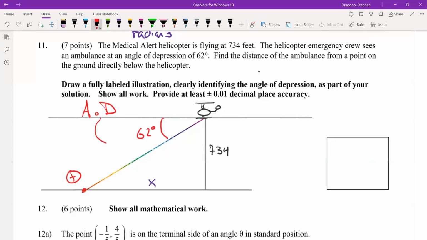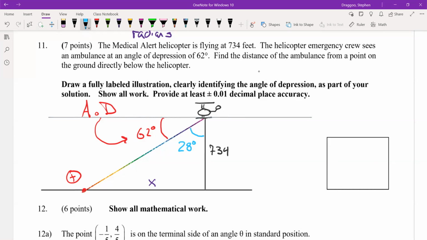AOD. Be careful that you don't label it as the angle on the inside of the triangle, because that angle should be 28 degrees rather than 62. Make sure your angle of depression is labeled on the outside.